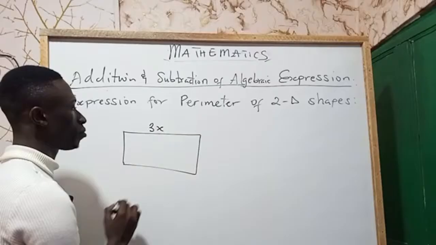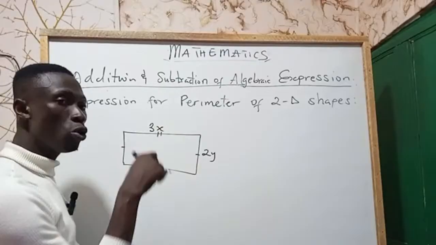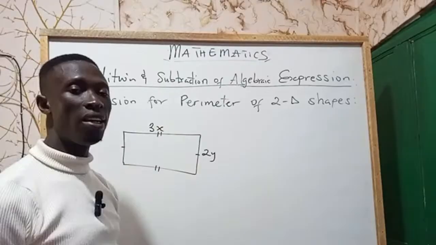Now we know for a rectangle, the two opposite sides are equal. That is the basic property of a rectangle.